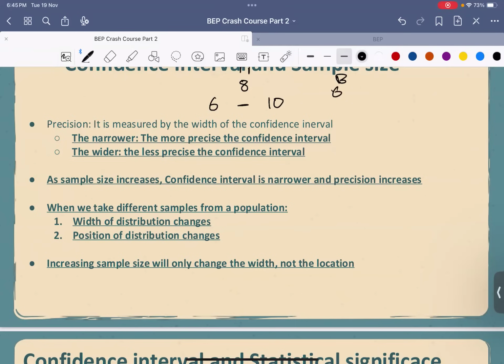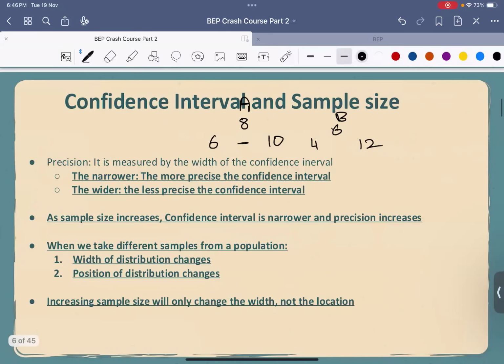And their confidence interval will also be either narrower or wider, depending on the sample size. So let's say in this example, 4 to 12, okay? So both the position of the curve, so the position of the normal distribution, would change in different samples, okay? And so this is sample A and this is sample B. And the width of the confidence interval will also change, okay?